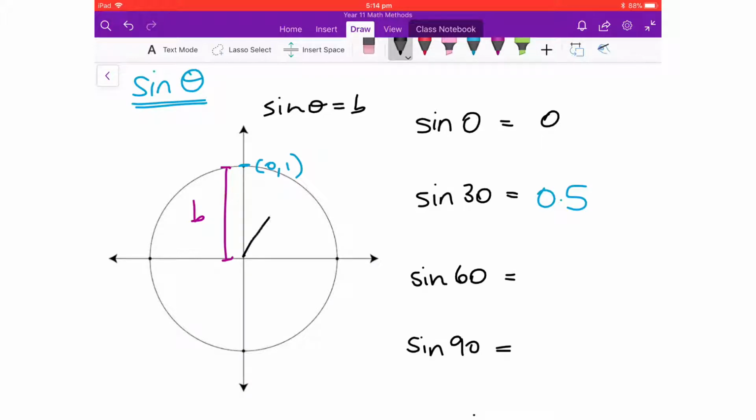So let's say about there. Okay, let's say that that's 60 degrees here. Remember I'm going to get my blue out again, and we're going to line it up to our y-axis. Okay, it's about there.